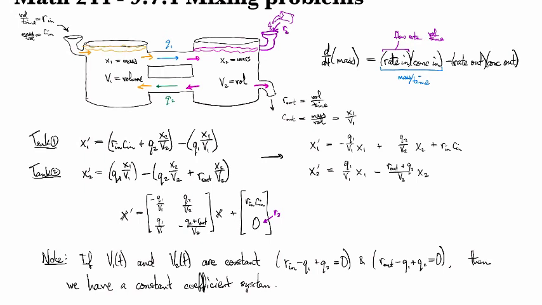That means all of these numbers right here are constants as well, and we'll be able to use the techniques we've been working with. So if you want to memorize this system, be my guest. Or if you just want to remember the basic idea and set up the equations, you're welcome to do that too.